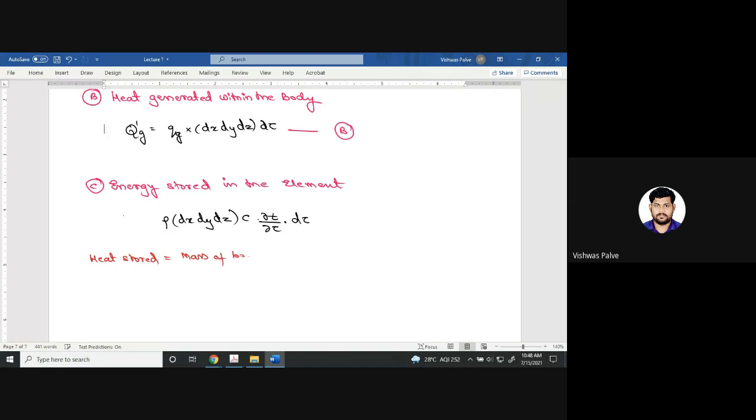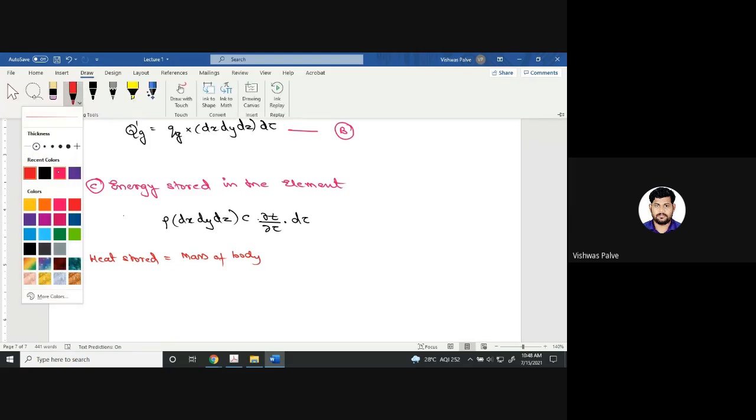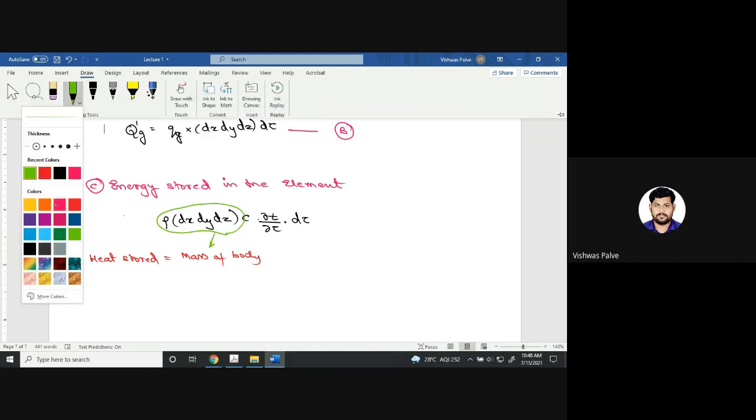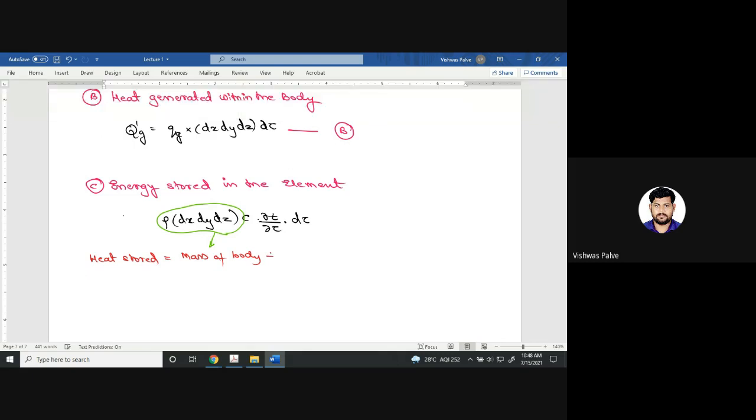This term is nothing but the mass of the body, into multiplied by specific heat, into rise in the temperature of body.